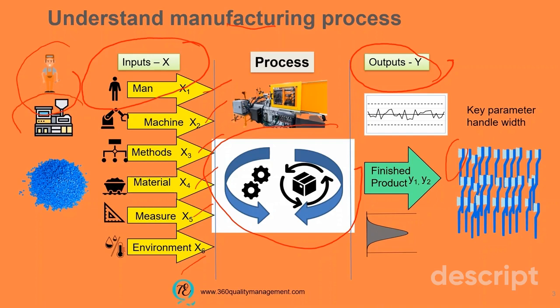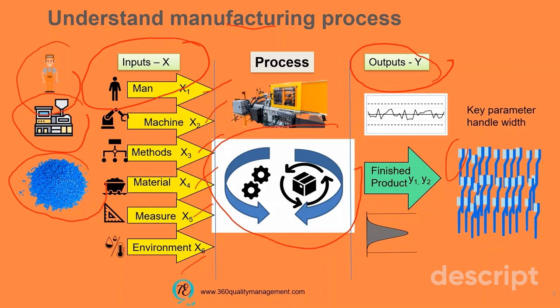The machine will be the molding machines that are used for material transformation. The methods will be the work instruction, and the materials are those polymer pellets from a reliable source of an approved vendor.